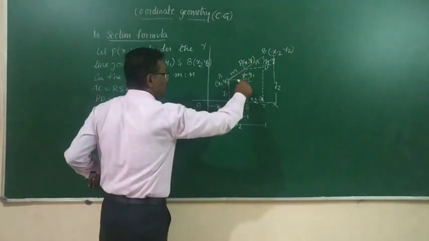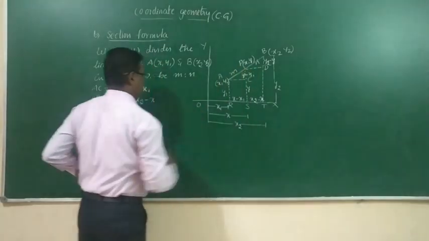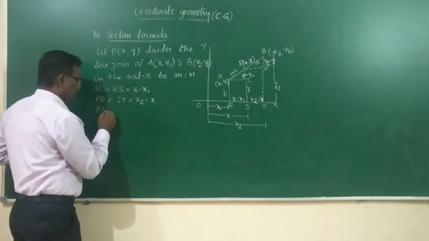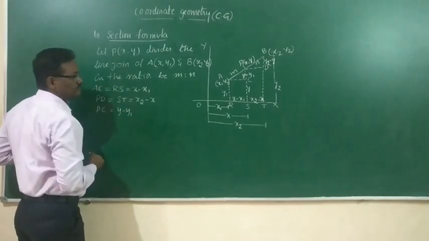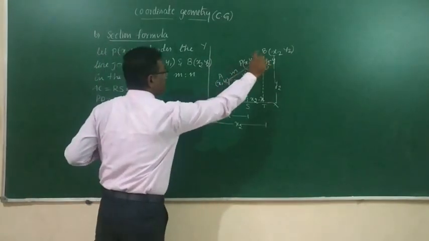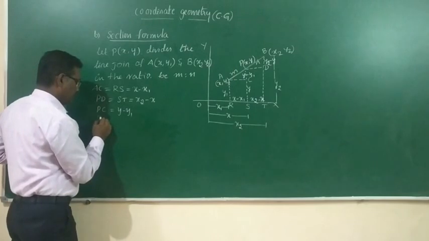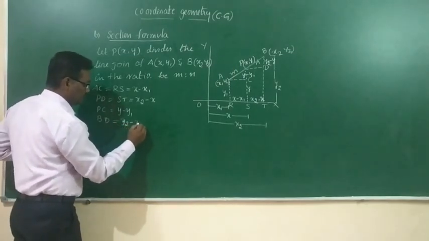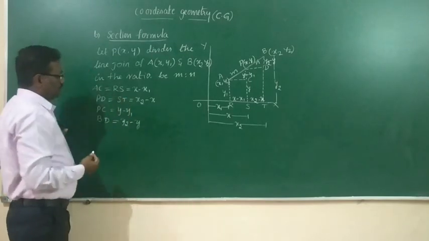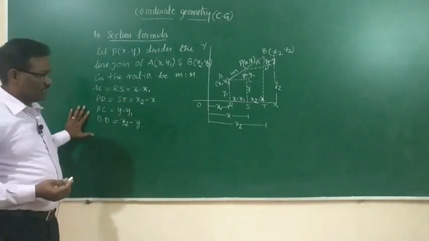For the triangle ACP, PC is y minus y1. BD is y2 minus y. So these are the required measures we have now.